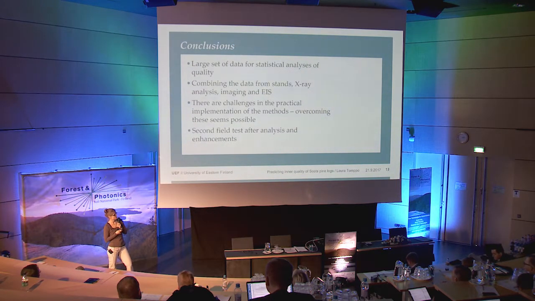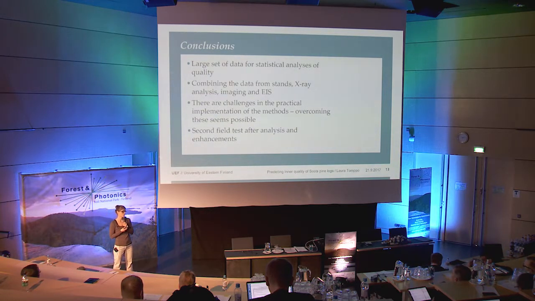All this data is also then used for the development of that quality prediction model so that it will be improved. And hopefully we get to do another test set next summer, probably with fewer specimens, but anyway we would like to verify our results then.